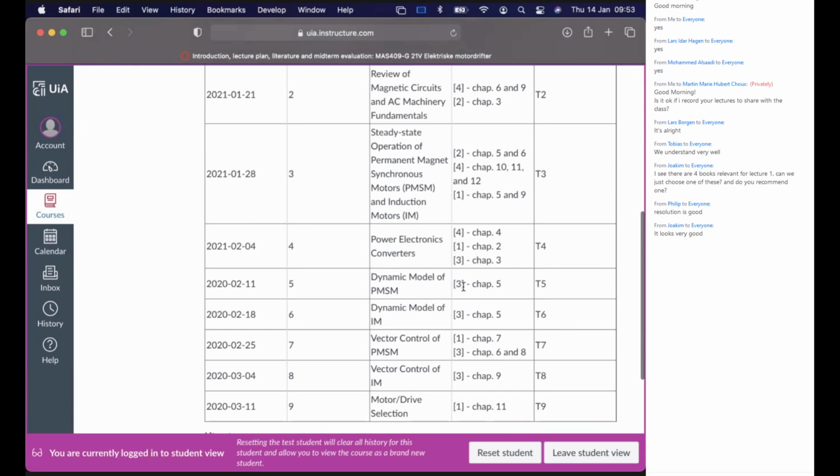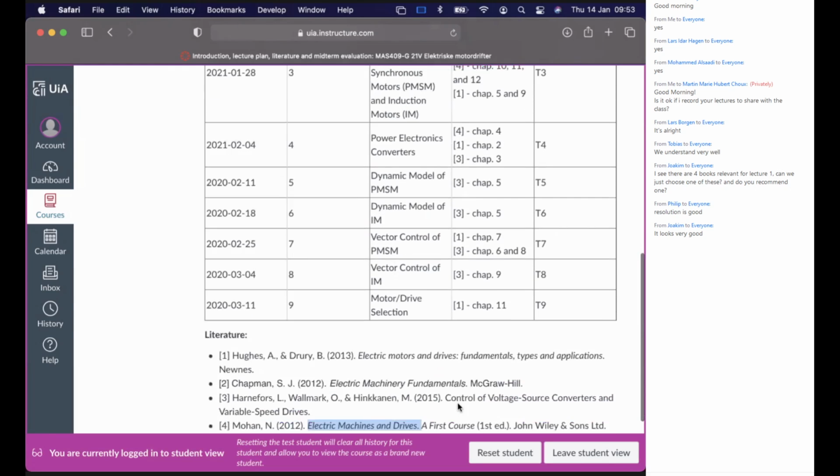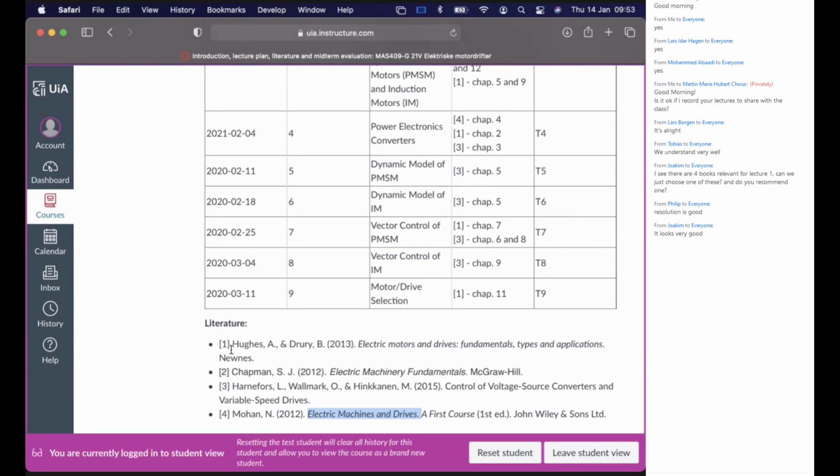And then it will be mostly number 3. And literature number 1 is more about, if you don't like too much equations, then you can read literature 1, which is more explanation and much less equations. It's more written for engineers than for students, I would say.